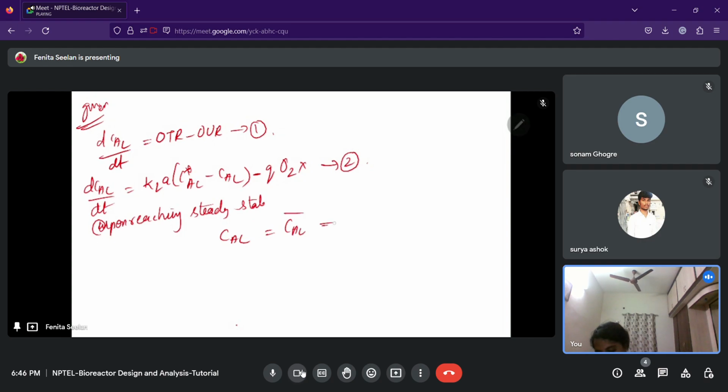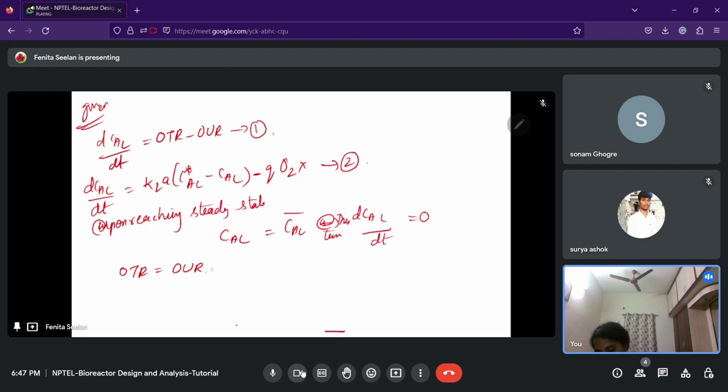So at this time your dCAL by dt, that is the difference, would be 0, because there is no change in CAL with time. Thus the equation becomes OTR equal to OUR.